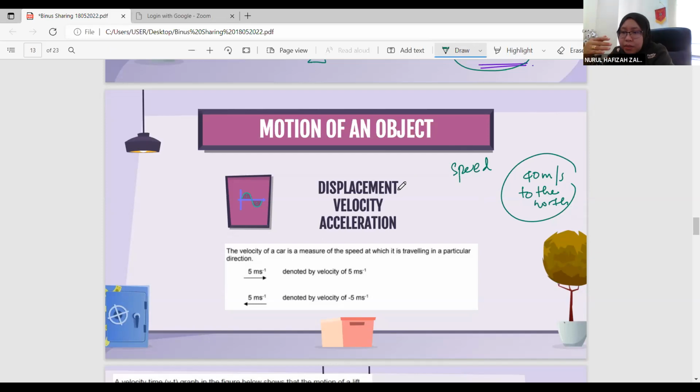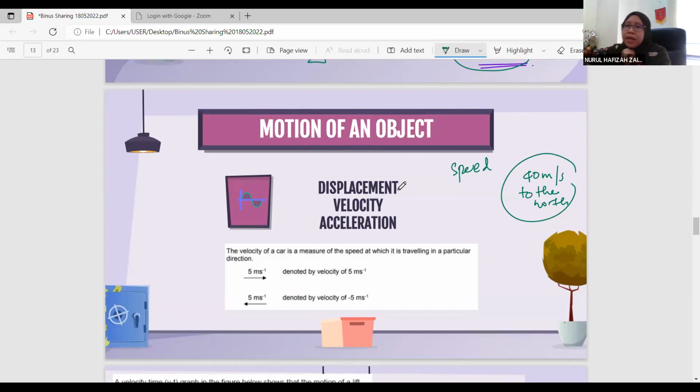Okay, so we may relate it to displacement. It is different from distance, right? If let's say you have point A, B, and C. So the distance from A to C is the length from A to B, and then you add the distance between B and C. So you get the distance from A to C. But for displacement, you only consider the final and initial position.